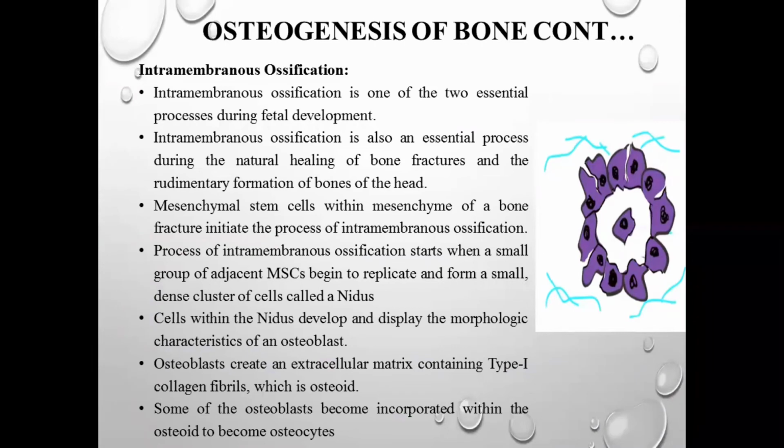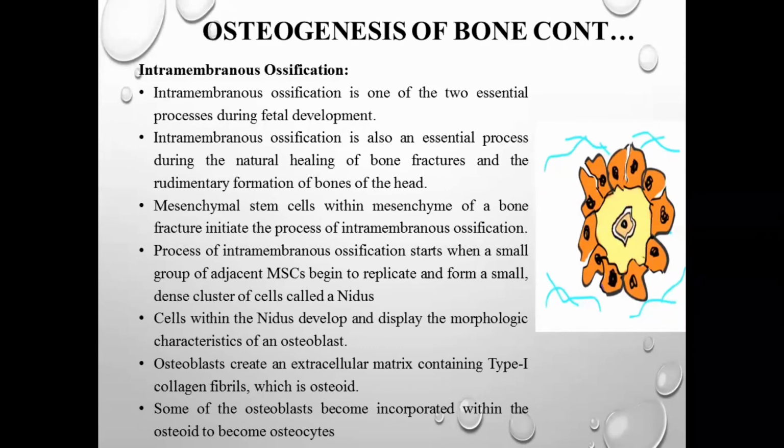Intramembranous ossification is one of the two essential processes during fetal development. That's what I said previously when I introduced the two types of ossification. Intramembranous ossification is also an essential process during the natural healing of bone fracture and the rudimentary formation of the bones of the head.